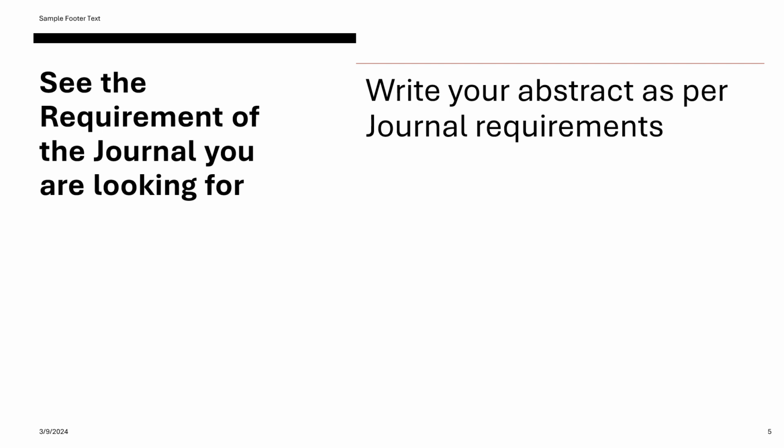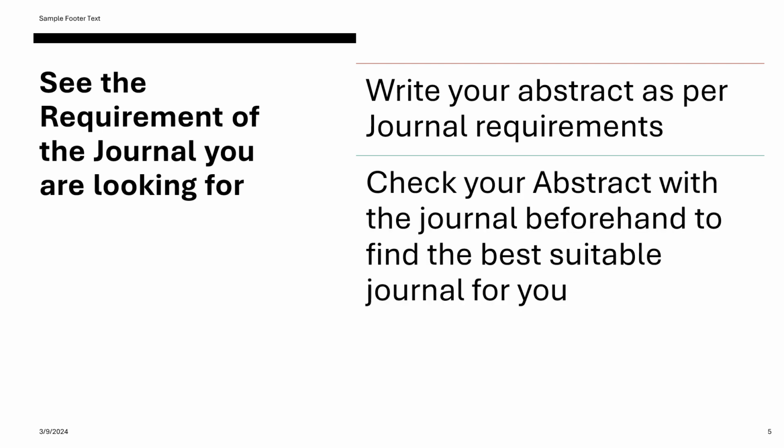Secondly, you have to check the scope of the research paper, and then write your abstract as per the journal requirements. If you want to publish your research paper in a particular journal only, you have pre-decided it. So write your abstract so that it matches the scope of that particular journal.